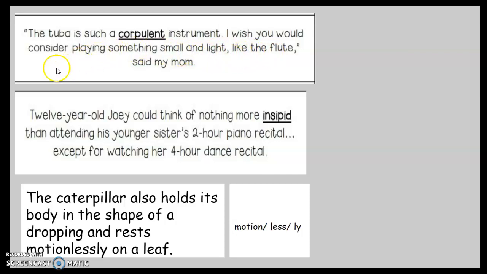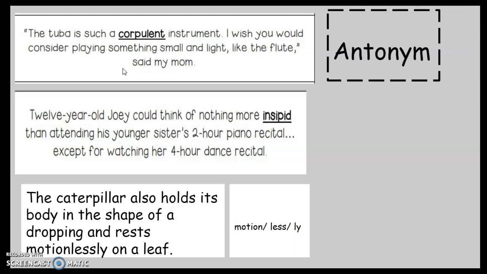What kind of context clues are you seeing? We're comparing a tuba to a flute. So if a flute is small and light, corpulent must mean... antonyms are opposites. So if a flute is small and light, a tuba must be big and heavy, corpulent.